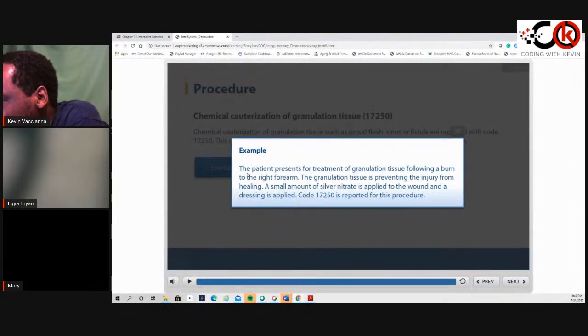A small amount of silver nitrate is applied to the wound and a dressing is applied. Code 17250 is reported for this procedure. Any questions? There are also parenthetical notes like do not report with 17250. Okay, that's good to know.